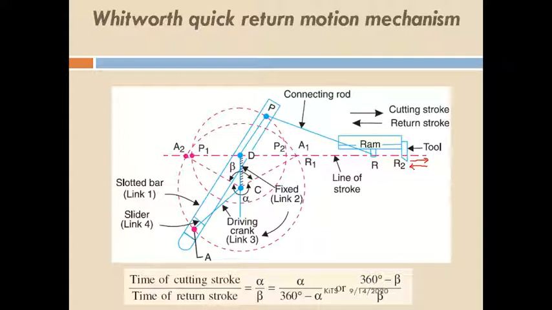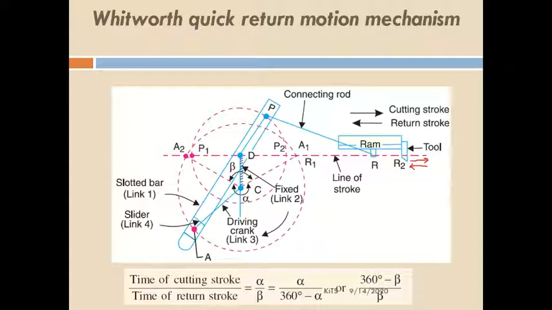That's why the forward stroke should be slower than the return stroke. While going forward, it needs more torque. If the velocity of the tool increases, the torque will reduce, and at the end, the tool might break. So the forward stroke should be slow. Then only the torque will be more, and it can easily remove the material.